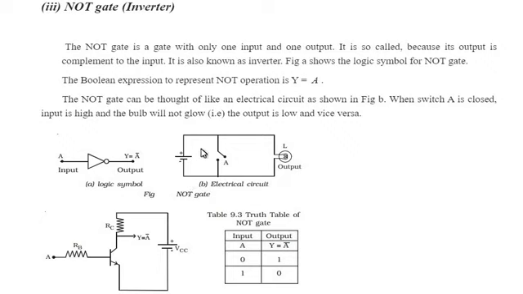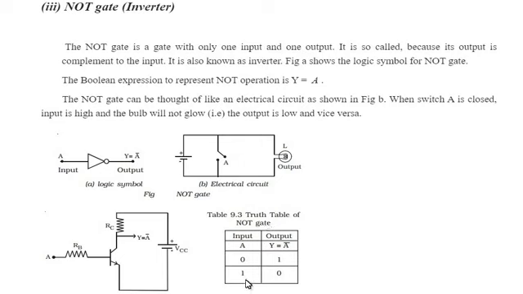Here, let us check the circuit with the help of the truth table. When A is equal to 0, means this switch is open. Though this switch is open, this circuit acts as a closed switch. Therefore, we'll get output is 1. The bulb glows. Means when the switch is open, the light glows.